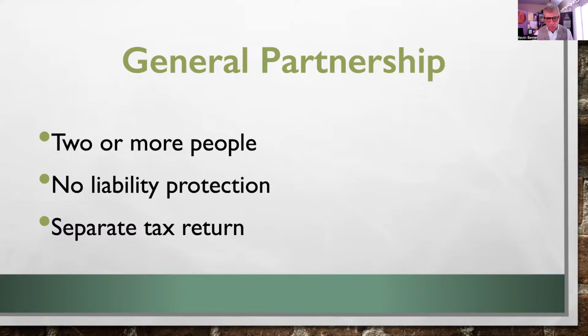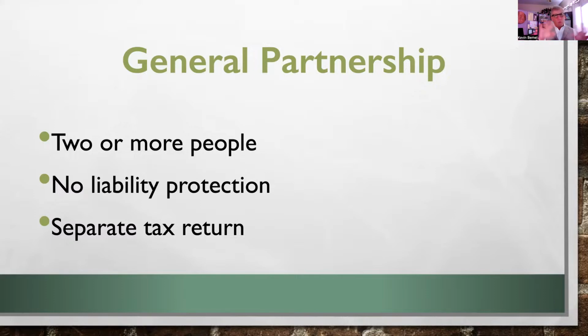Okay. Having said that, though, because the general partnership is a separate entity, it will have to prepare its own tax return. So let's say we have a partnership called Fantastic Plumbers, and it's a general partnership.